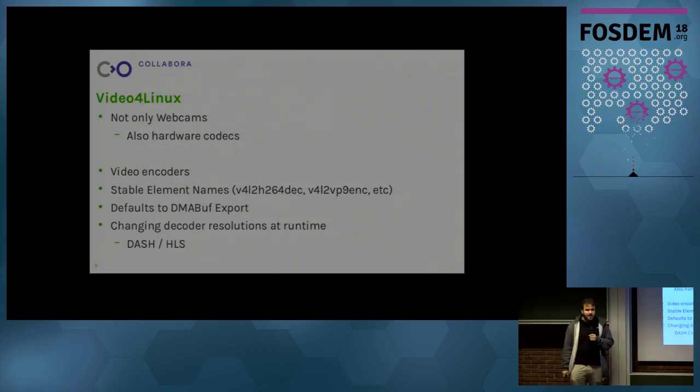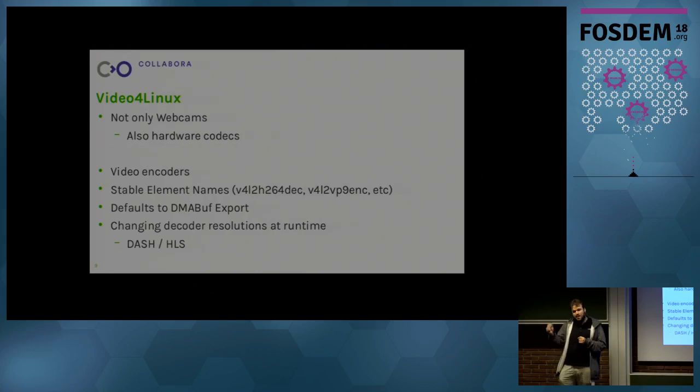Another thing that we've changed since last year, it's a little thing, but it's really improved the lives of everyone, is that we have stable element names. The way the plugin works is that once you start it, it looks at the hardware that's present and generates an element for each block of hardware. Previously, an element would be named 0, 1, 5, 25, in a way that feels a bit random to the user.